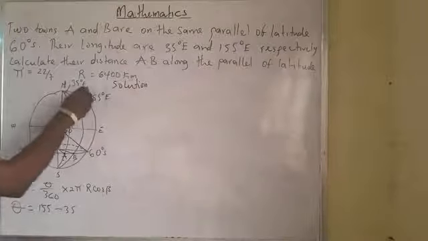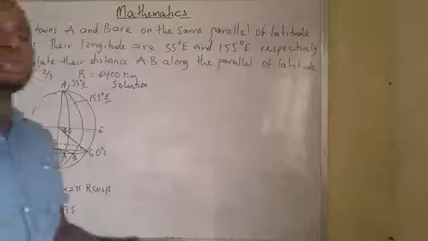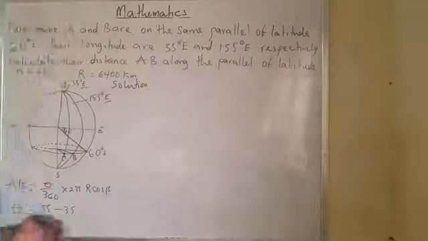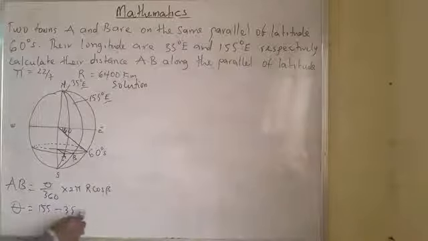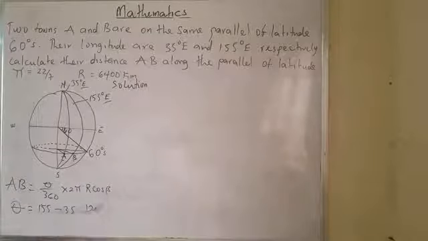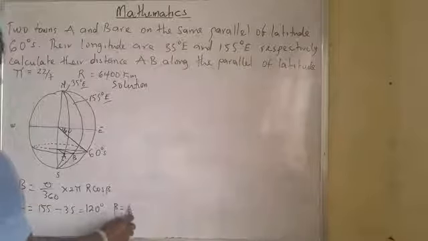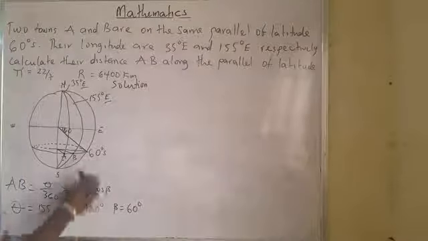Because of what? East and east of the same location. Since they are of the same location, they will be minus, which will be equals to 120 degree. It means my theta is 120 degree. My beta will be 60 degree, which is from the question.